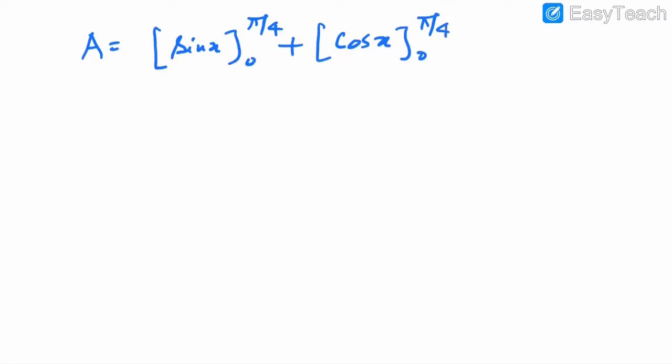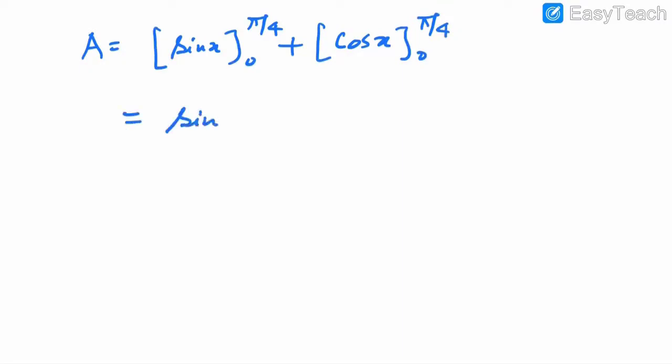Now after integrating we get A is equal to sin x from 0 to pi by 4 minus, and the minus is plus, so plus cos x from 0 to pi by 4.